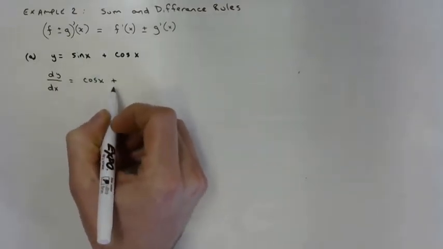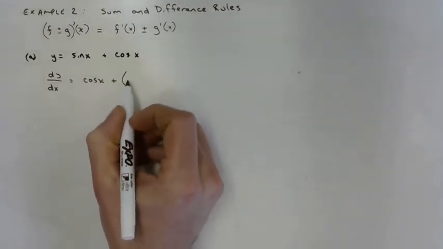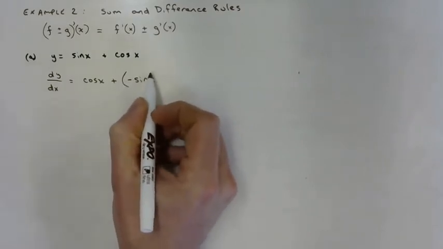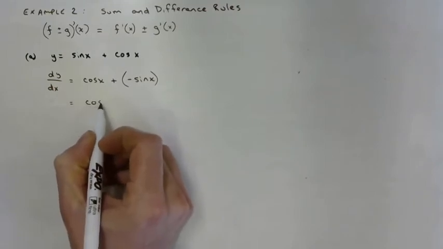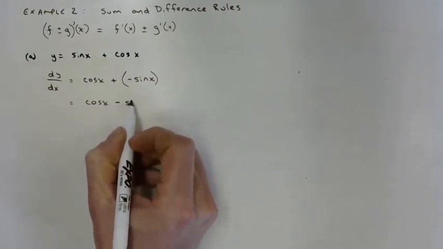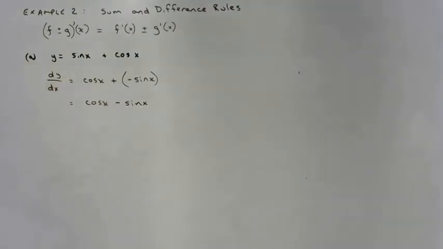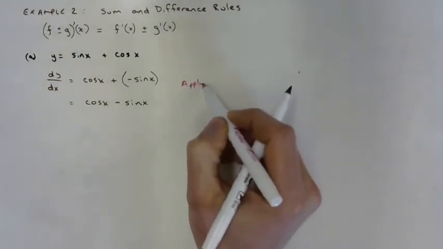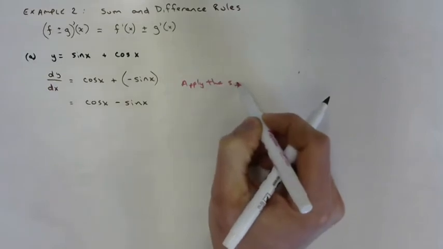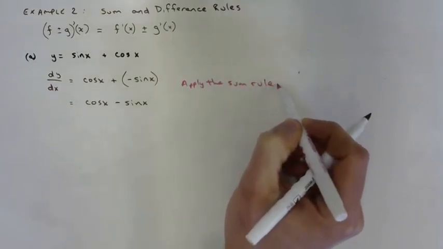And we're still adding. We're going to take the derivative of cosine x, which is negative sine x, and simplify. We get cos x minus sine x. This is apply the sum rule.